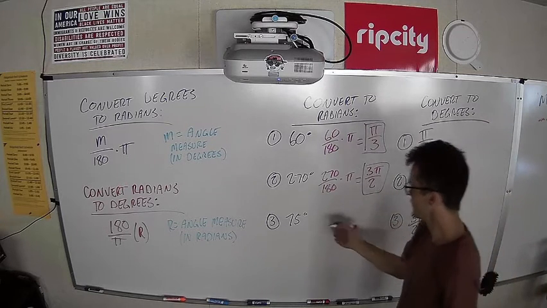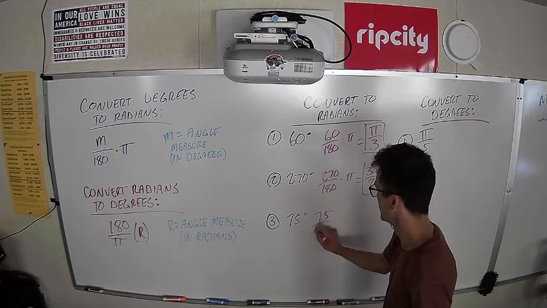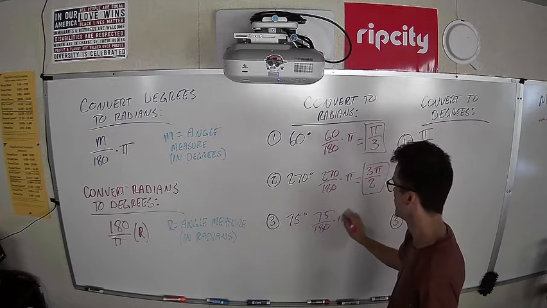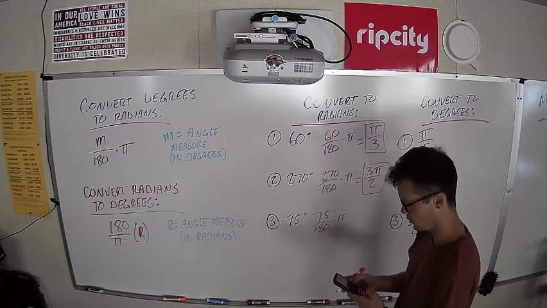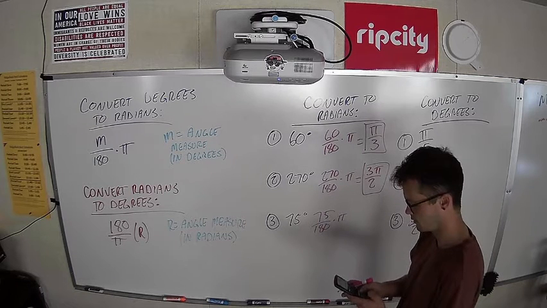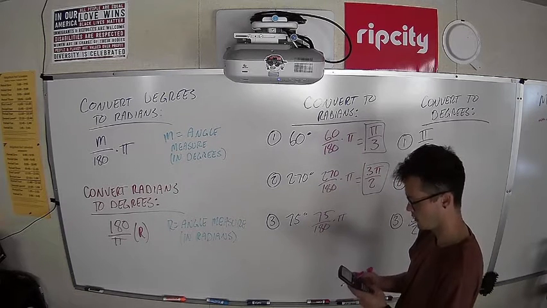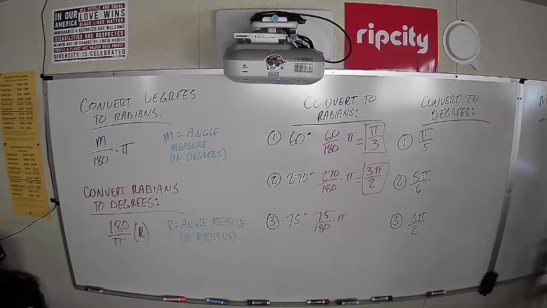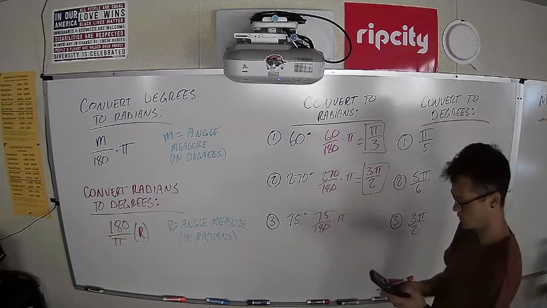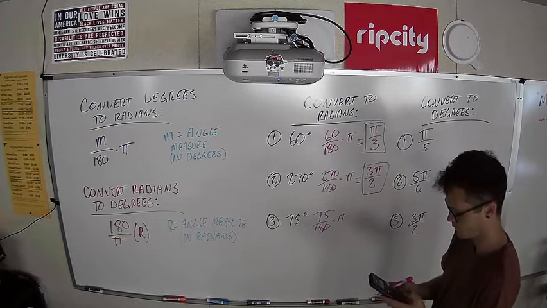This last one, 75. 75 over 180. I'm going to throw that in my calculator. And, oh, I get something a little bit gross. I'm going to cheat. I'm going to use a different calculator that's going to give me a fraction.